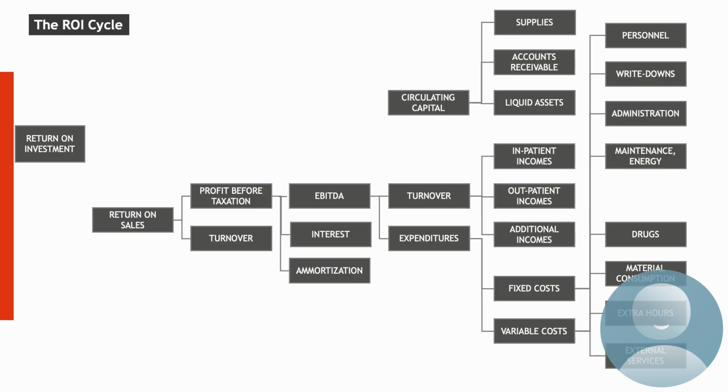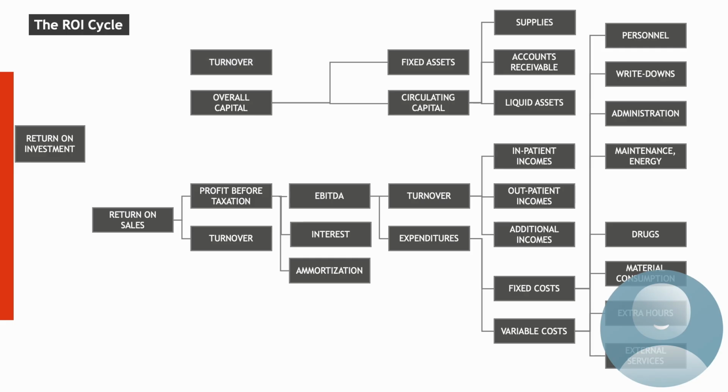And you also have in a hospital a lot of plant, a lot of machinery, your large MRIs, your large CT machines, the plant, the building, the chiller systems, all of this form the fixed assets, right? And when you add both of the fixed assets and the circulating capital together, you get overall capital, right?